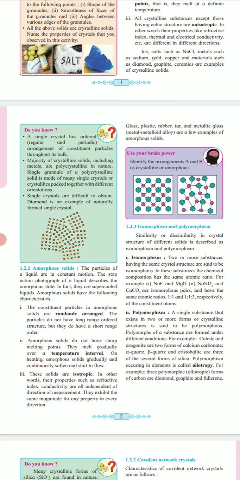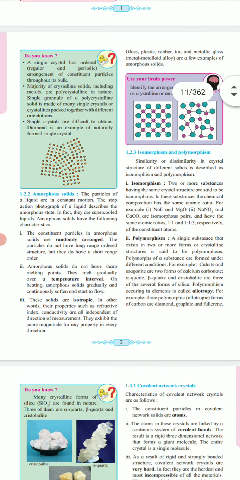Alpha quartz, beta quartz and cristobalite are three of the several forms of silica. Polymorphism occurring in elements is called allotropy. For example, three polymorphic allotropic forms of carbon are diamond, graphite, and fullerene.